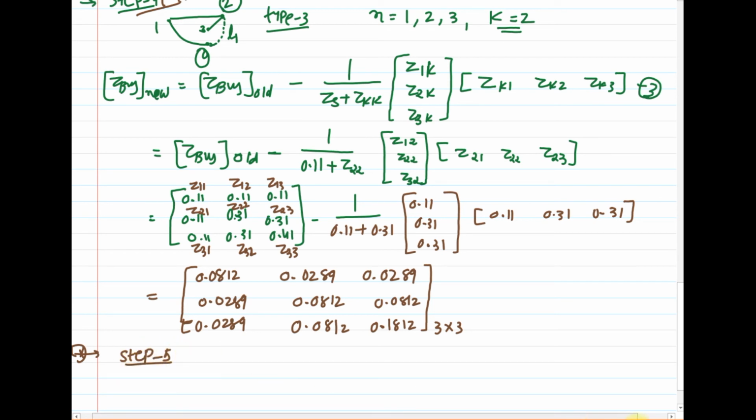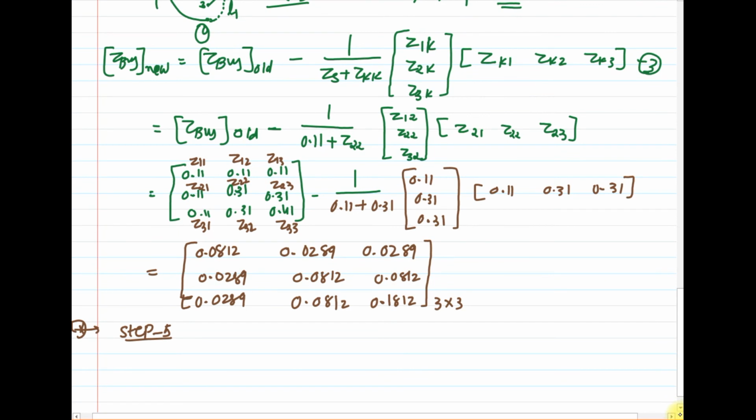And yes, as this is our last modification, as I have said earlier, the total number of modifications for formulation of the ZBus matrix depends on the total number of elements in the system. So here in this example we have a total of 5 elements, so there are 5 possible modifications.